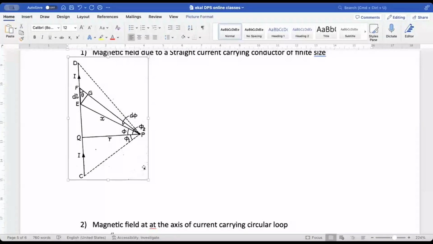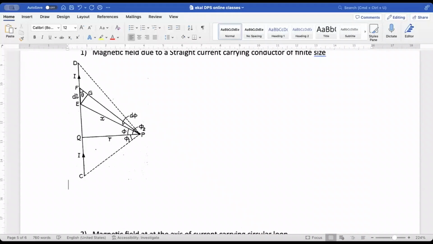So here, CD is the length of the conductor. PQ is the perpendicular distance of point P from the conductor, and let the distance be R. Let's say angle EPQ is angle phi, and angle FPE is a small angle, so d phi.